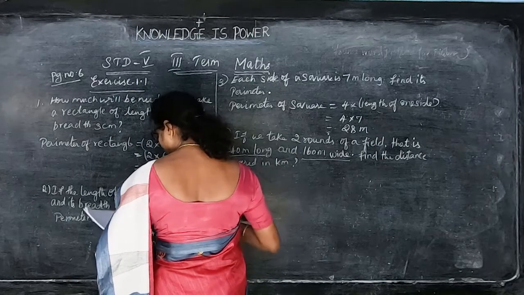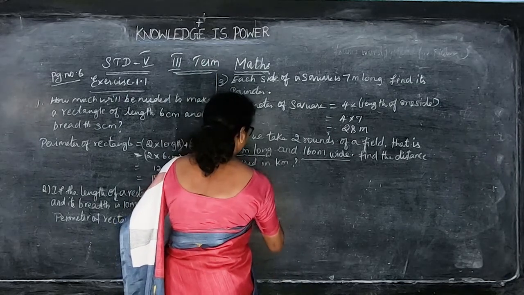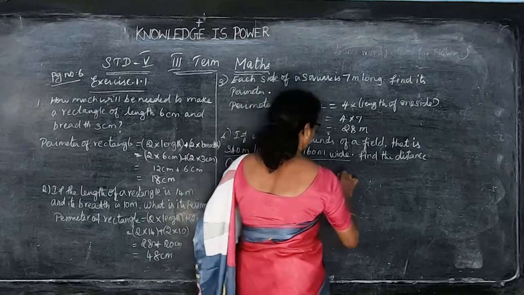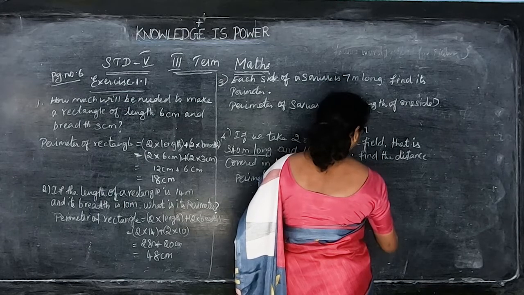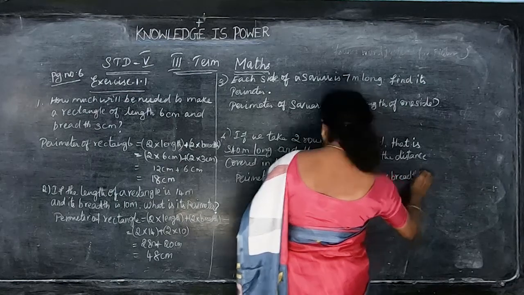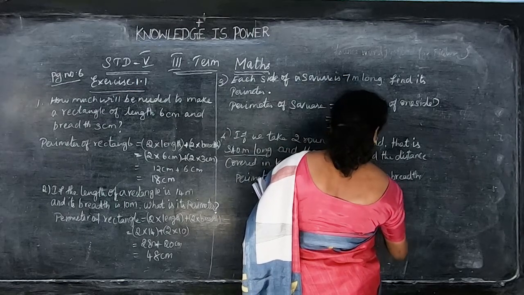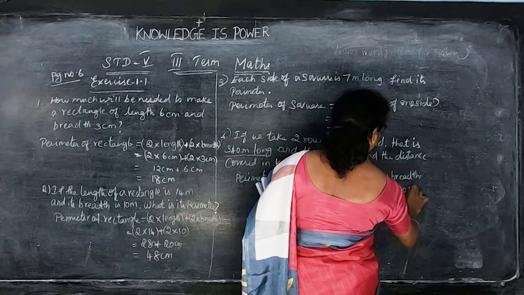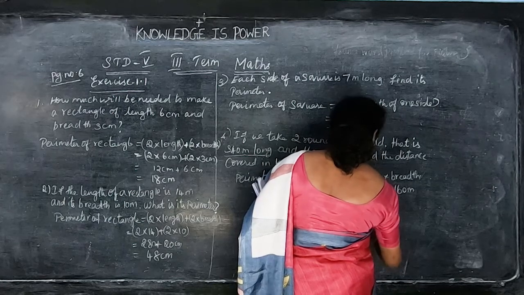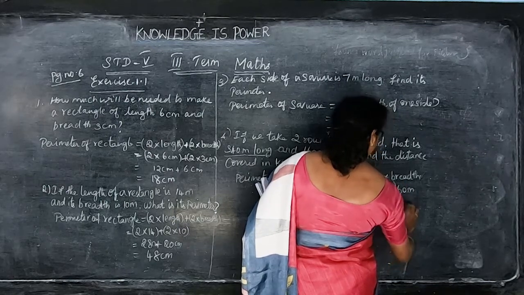So we have to find out the distance in kilometers. So perimeter of a field is equal to 2 into length plus 2 into breadth, that is equal to 2 into 340 meter plus 2 into 160 meter.